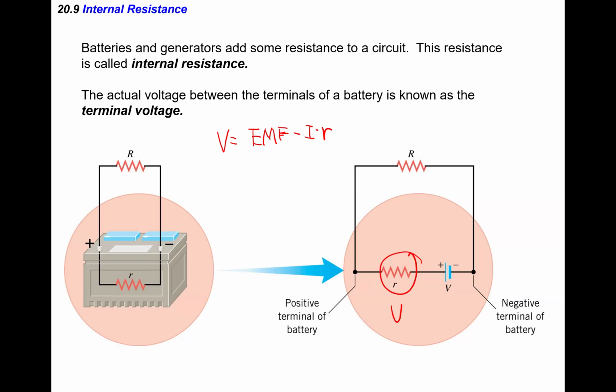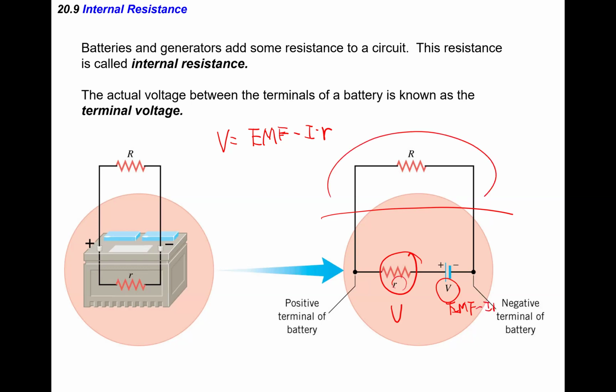So this output voltage is not the same as this V here. This V we should call the EMF, by the battery. So EMF minus the little Ir is the output here.